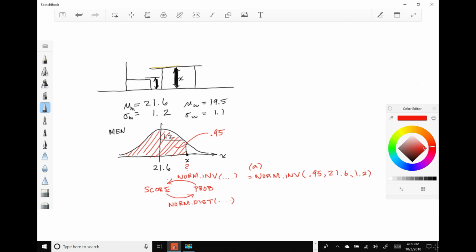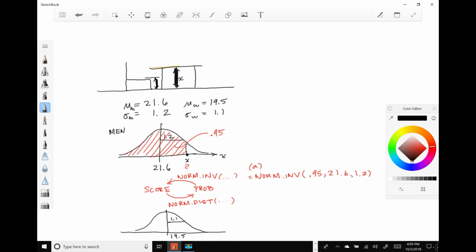Determine if the following statement is true or false. If there is a clearance for 95% of males, there will certainly be clearance for all women in the bottom 5%. Well, we can draw a picture to deal with that a little bit, because it's kind of silly in a way. Suppose we put the women picture down here with a mean of 19.5 and a standard deviation of 1.1.